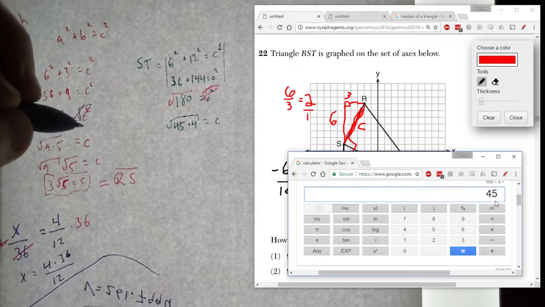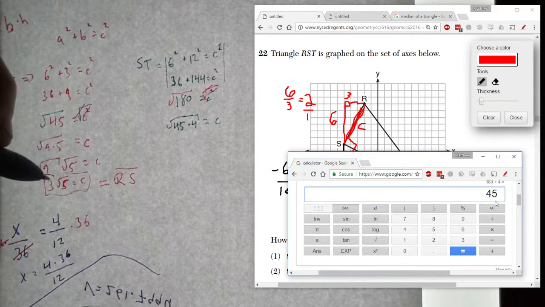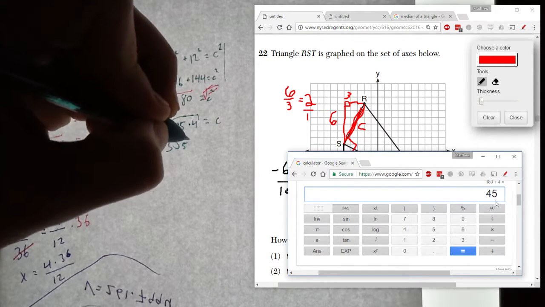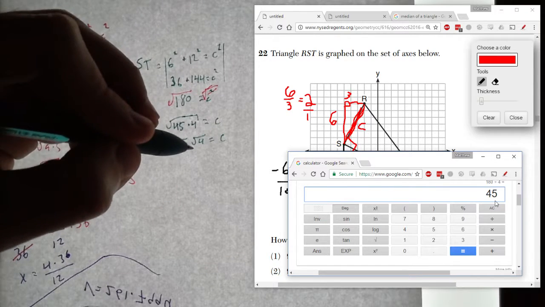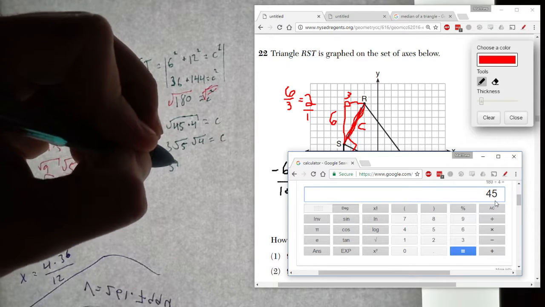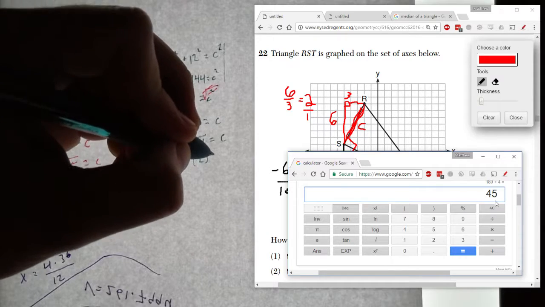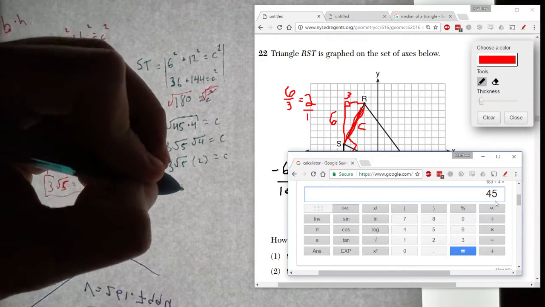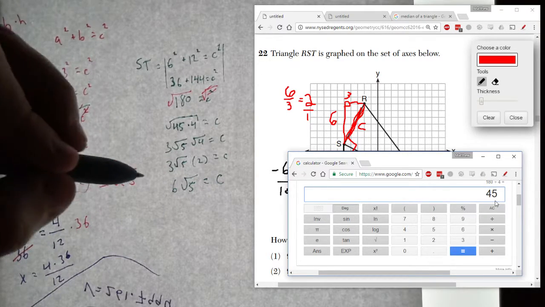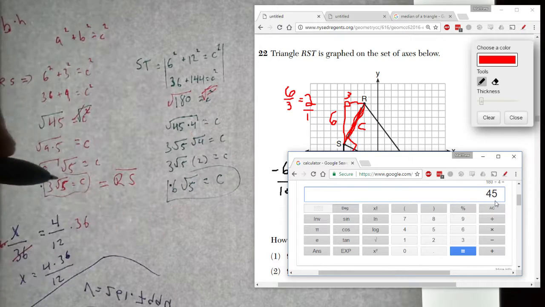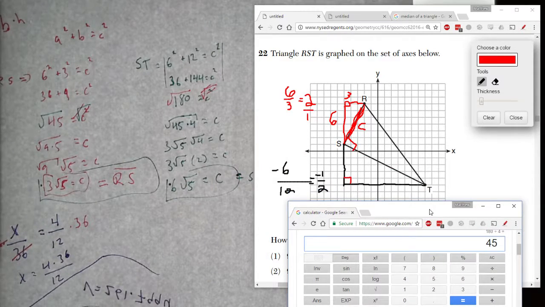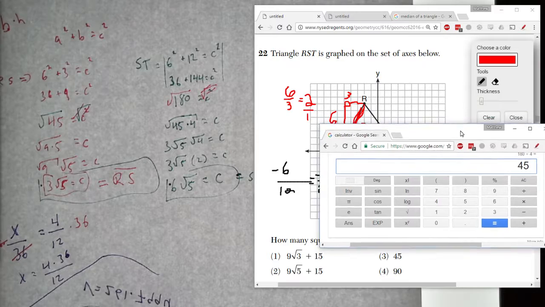Before, we saw that root 45 became 3 root 5, and I also have that 4, so this becomes 3 root 5 and root 4 is equal to c. Root 4 is actually just 2, so this becomes 3 root 5 times 2 is equal to c, which is 6 root 5. So now I've got 3 root 5 and 6 root 5 as my two lengths. This is, by the way, ST from the picture. Now we're not done yet.